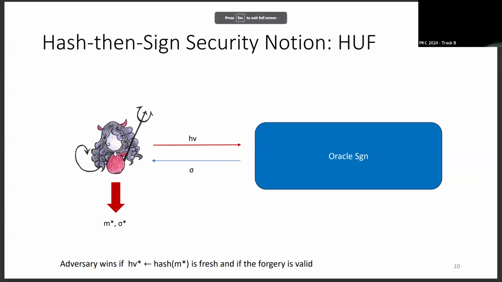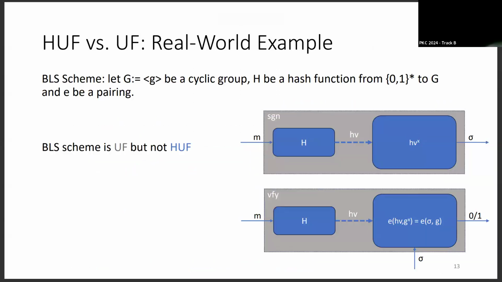No, actually not, because you can take an artificial signature scheme which takes a hash function that's collision resistant, and the core signing leaks the key if the hash value equals 0. So now in HUF, this scheme is actually broken, because you can just query the signing oracle on this zero bit string, and then your key is leaked, and then you can forge.